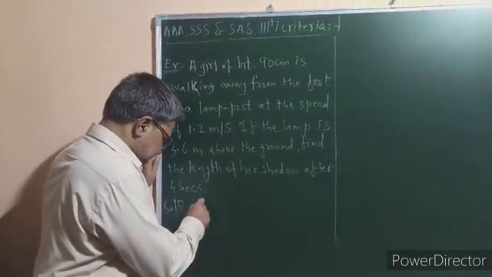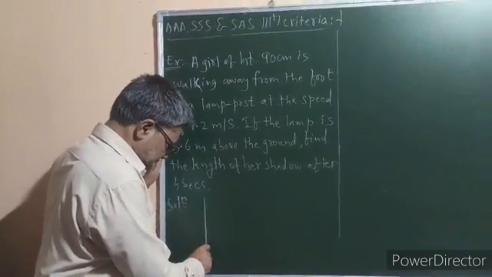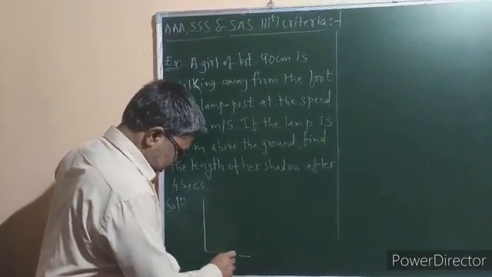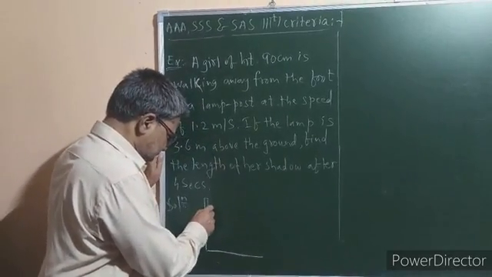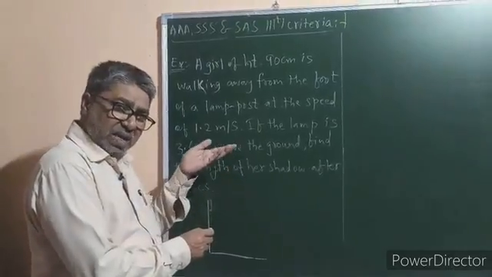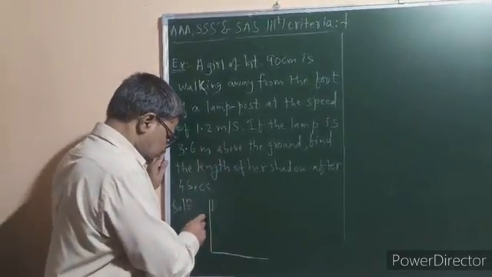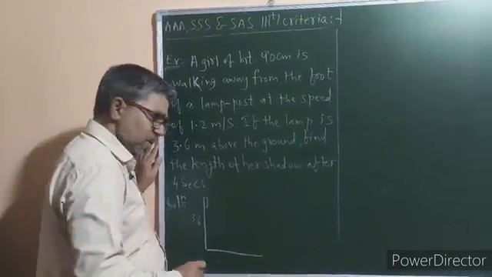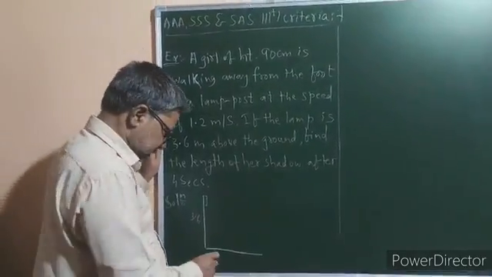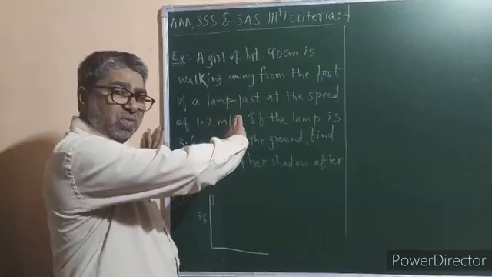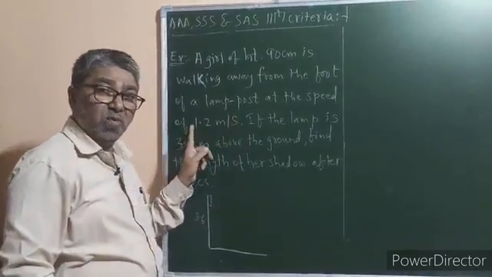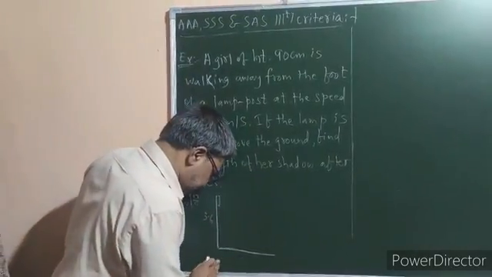See, this is the lamp post, and this is part of the ground. Now the lamp is 3.6 meters above the ground, meaning the height of the lamp post is 3.6 meters. The girl is walking away from the foot of the lamp post with a speed of 1.2 meters per second.